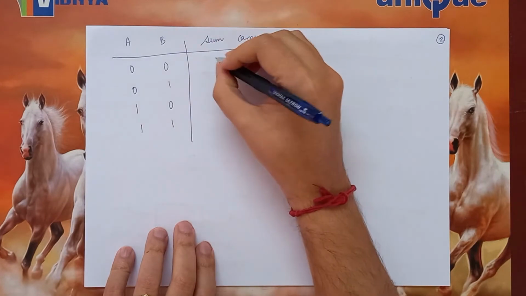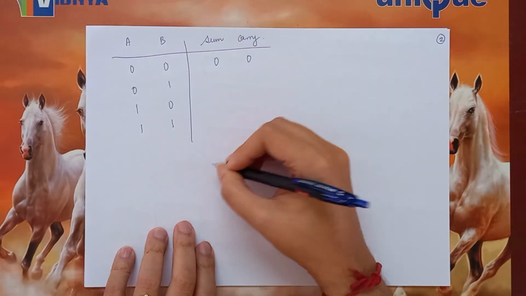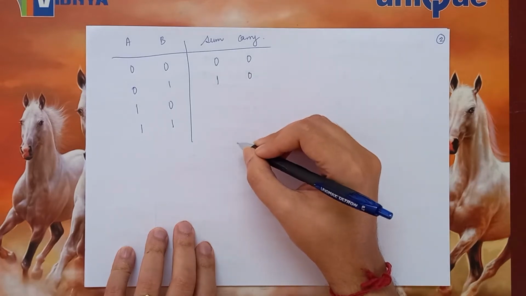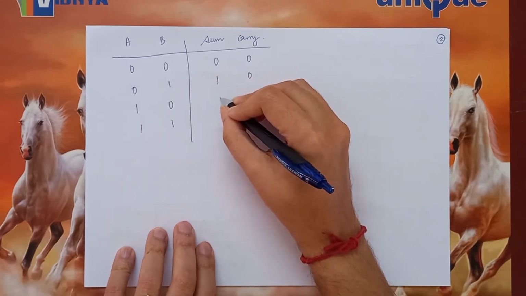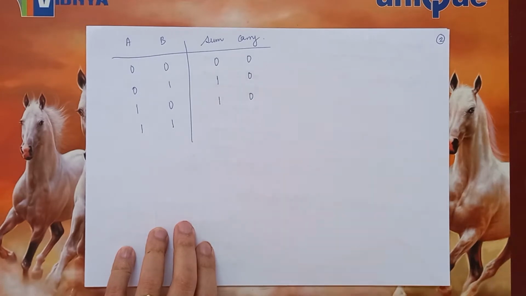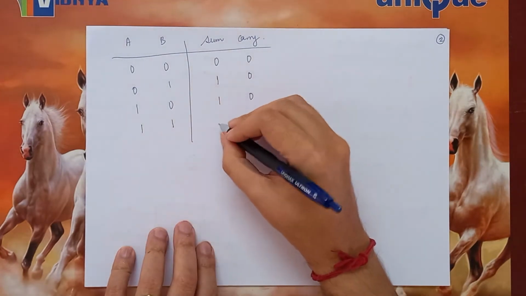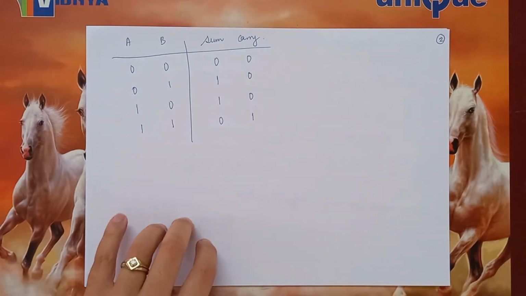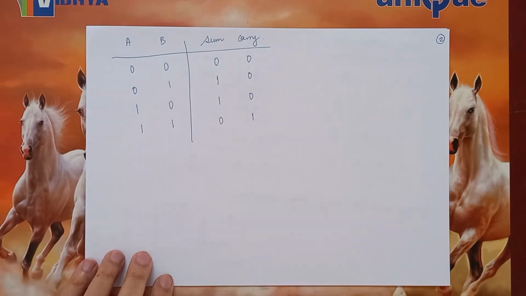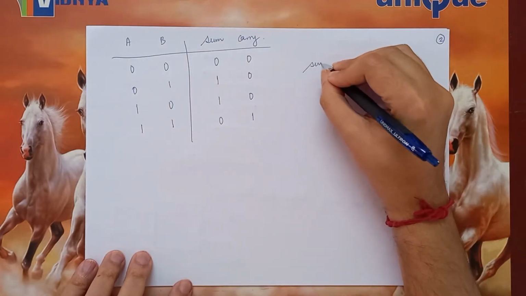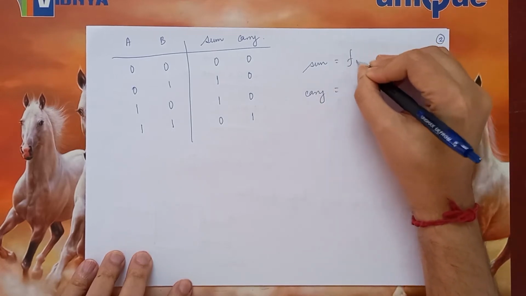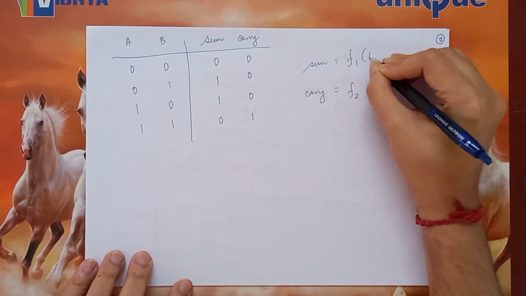So 0 plus 0 means the sum is 0 and the carry is 0. 0 plus 1 means the sum is 1 and the carry is 0. 1 plus 0 means the sum is again 1 and a carry of 0. 1 plus 1 means the sum is 0 with a carry of 1. So now what we need to do is express the outputs, one is sum, the other is carry, as some functions, let us say f1 and f2 of A and B.